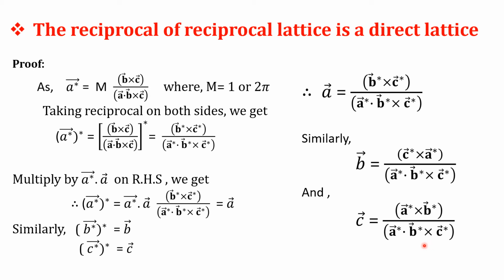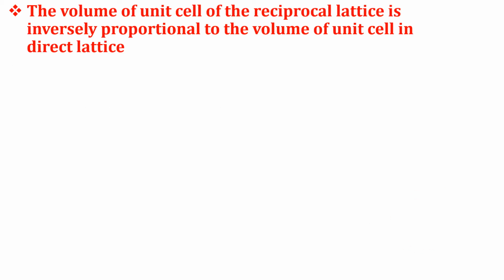Now we prove another property. Here we prove another property of the reciprocal lattice, that is, the volume of unit cell of reciprocal lattice is inversely proportional to volume of unit cell in the direct lattice.